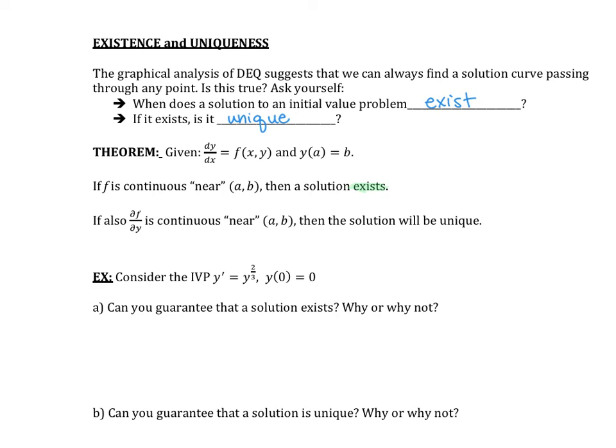Well, let's say I have some solution. Let's graph a curve, some curve, and I have a point (a, b). So we'll call this a, and then we'll call this b. So I have this point (a, b), and this is my solution.